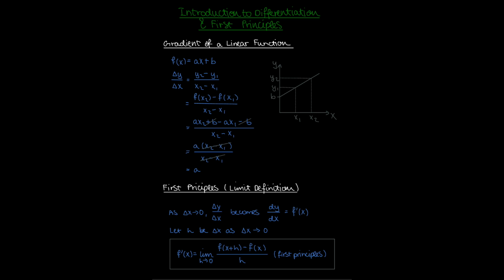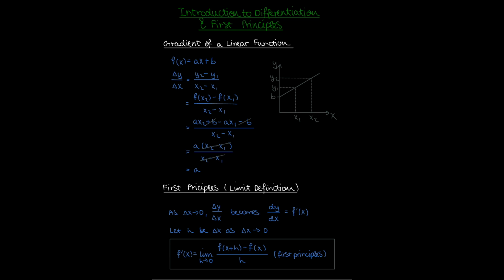Then the b's cancel out, so we can factor out an a from both terms. In the brackets we have x2 minus x1, but we also have x2 minus x1 in the denominator. So that difference in x cancels out and we're left with just a.